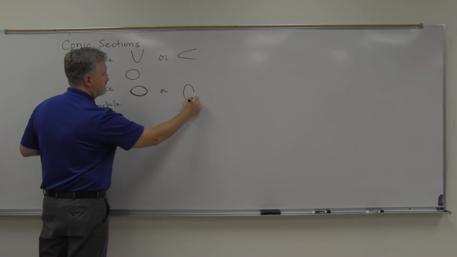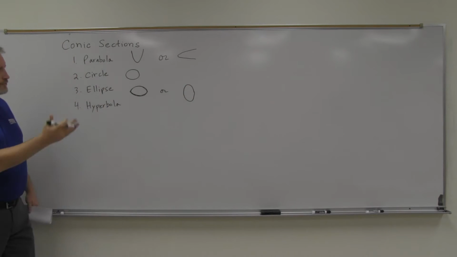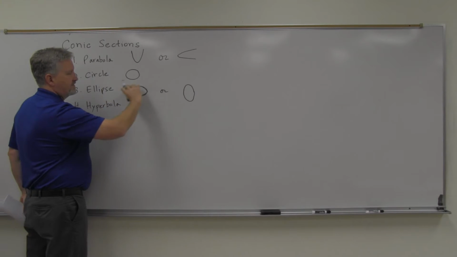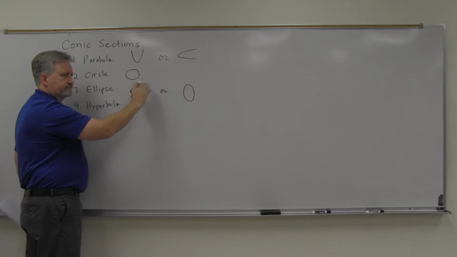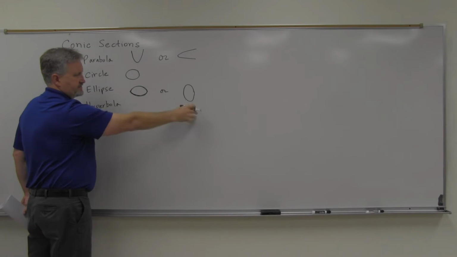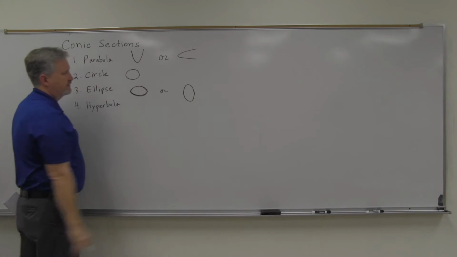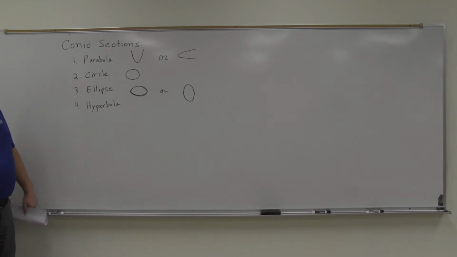There's also two types of ellipses. You can have one that's longer this way, and you can have ellipses that are longer up and down. We'll talk about all that.